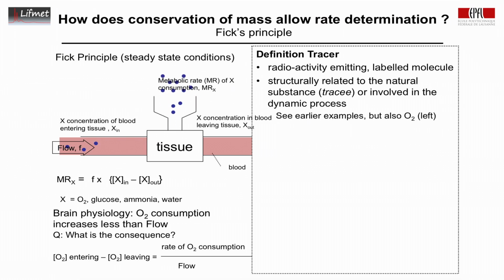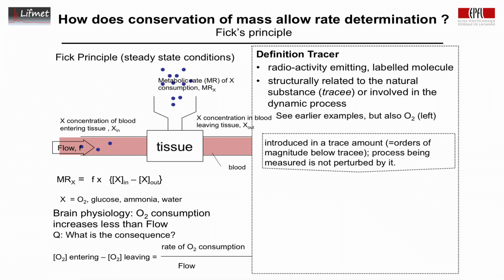But we can also have the native molecule, so that the tracer equals the tracee, and that would be oxygen, the example of oxygen-15 PET. Now the term tracer also implies that the substance is administered in trace amounts, that is very small compared to the concentration of the tracee.